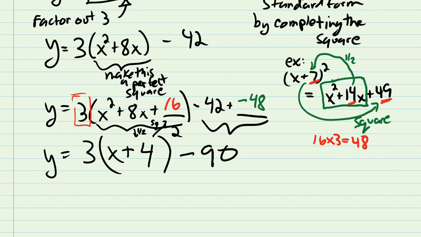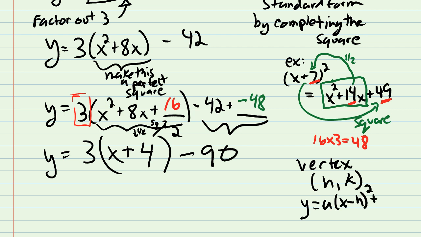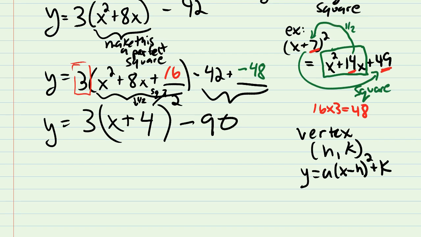And so the vertex, once you're in standard form, is (h, k). The standard form is a times the quantity x minus h squared plus k. And be careful how you read off the h and the k.